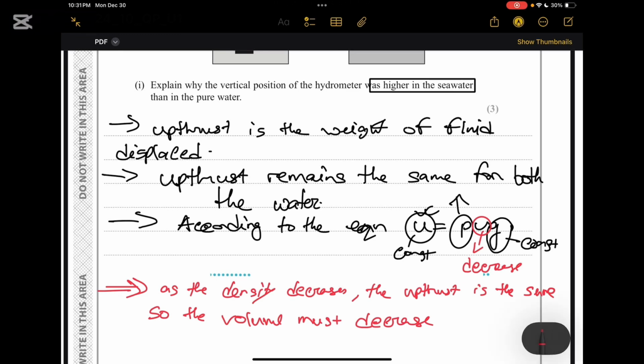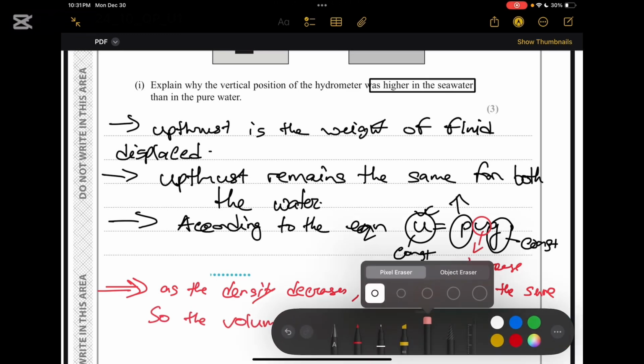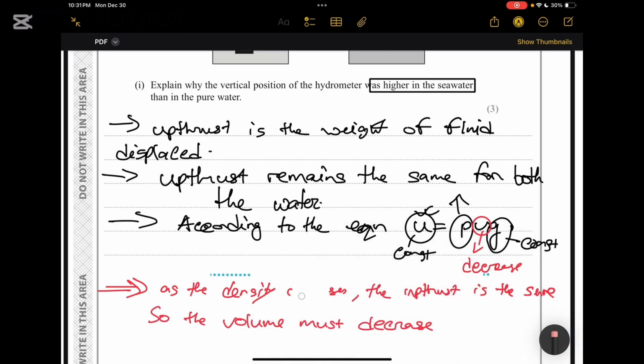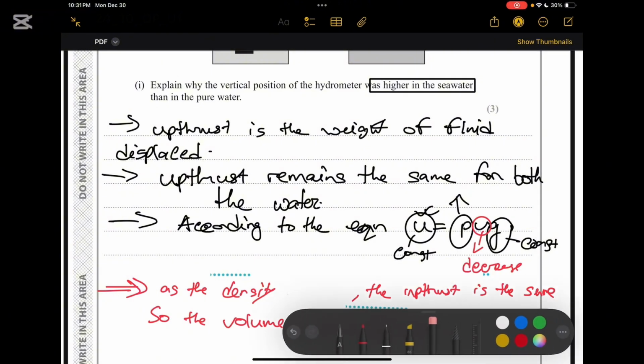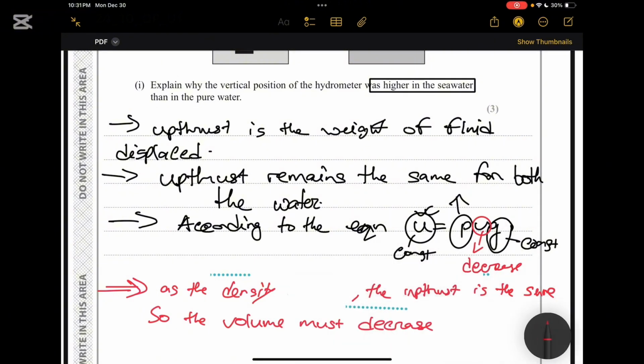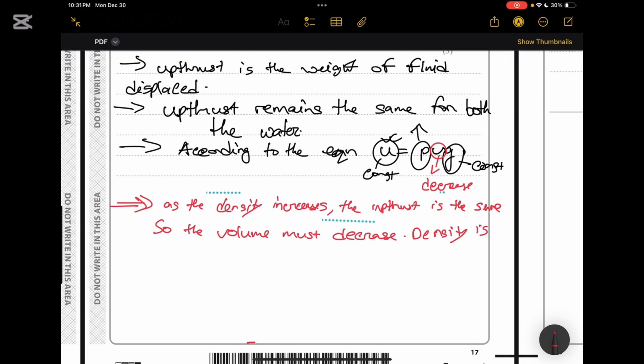My bad, I said decreases earlier, but the density increases. We can also mention density is greater in seawater. So we are done with them.